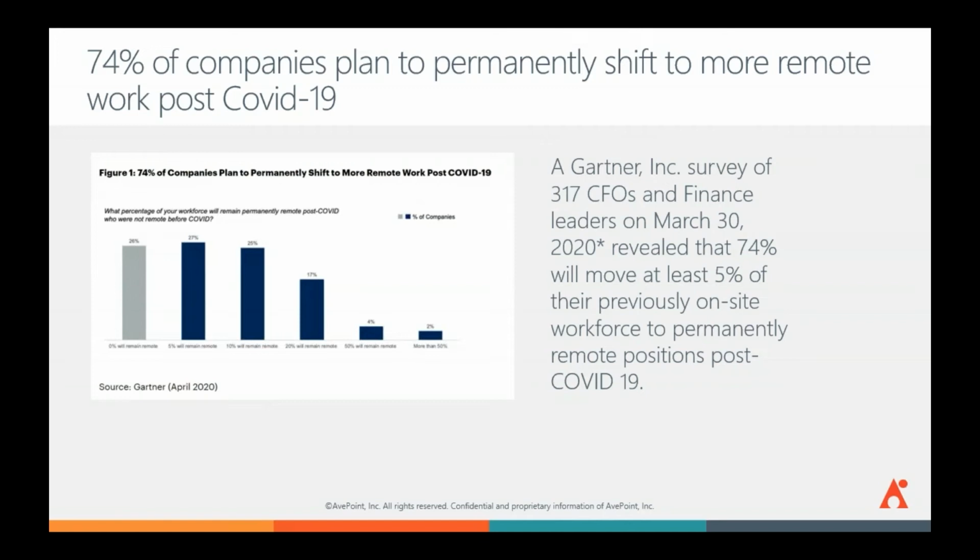So the shift has taken place, and what we're seeing now is almost the way going forward. There will be more work from home, potentially to give you that saving on having a property where people come in.